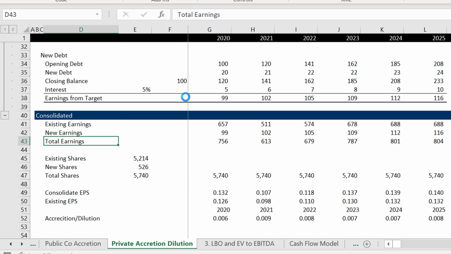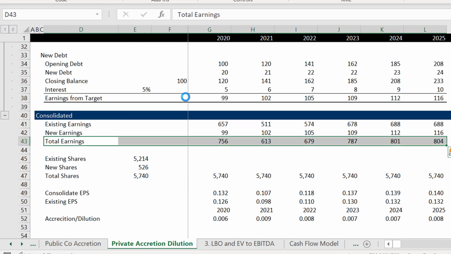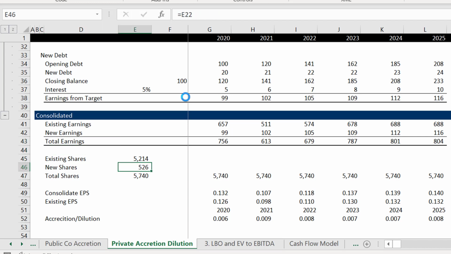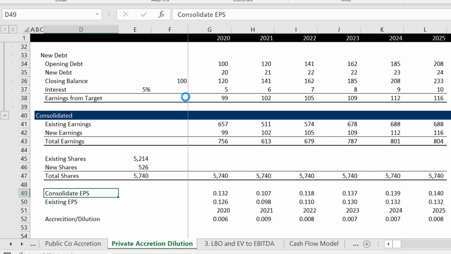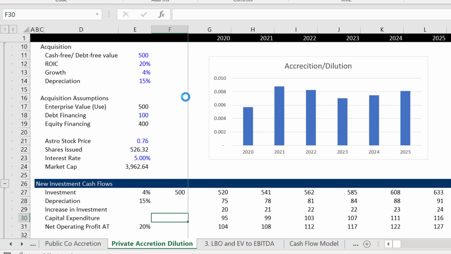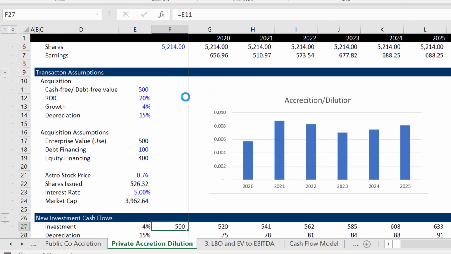But then we get our total earnings, including the new company. We issued some new shares, so we get our total shares just like we did before. And within minutes, we take our consolidated earnings per share and our existing earnings per share, and we can graph what the accretion or dilution is from our transaction.